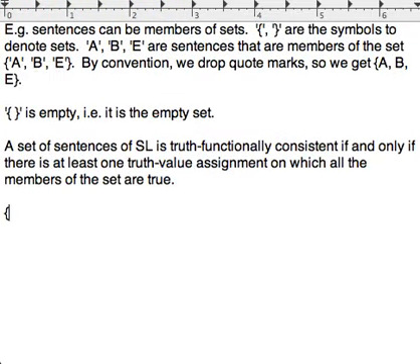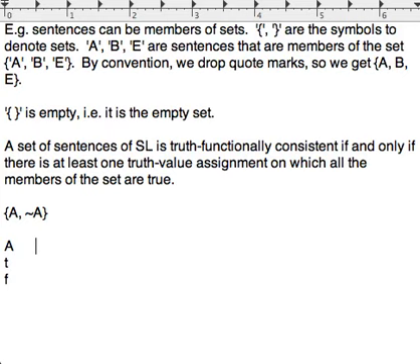Let's consider another example of a set that won't be consistent. Let's make it really simple: A and not A. So consider this set. If we look at the truth table for this, remember there's going to be two possible truth value assignments.